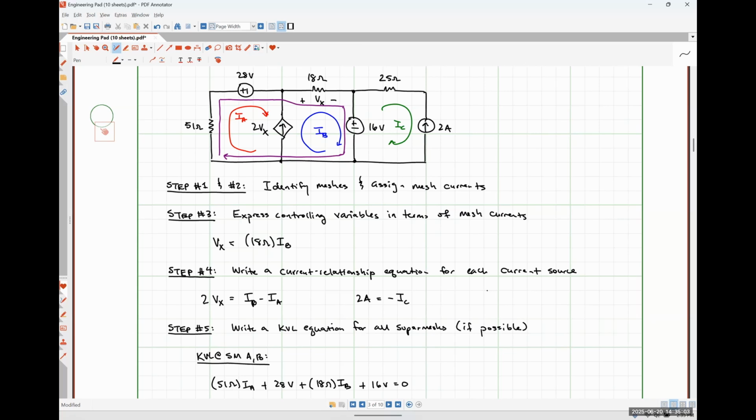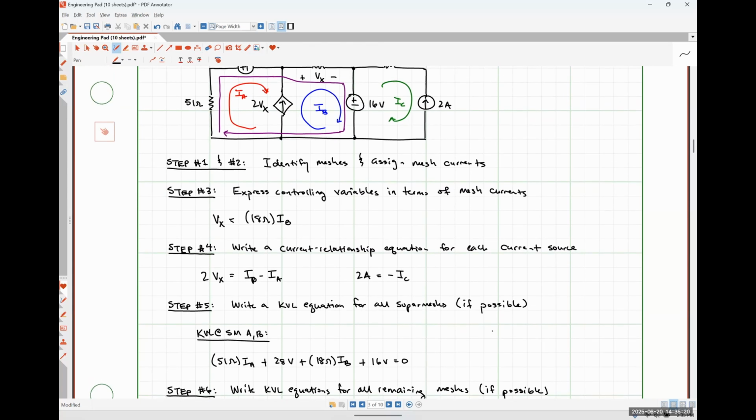So we're going to hit something similar to that here if we try to write an equation around mesh C. It doesn't really matter whether we have a dependent current source or an independent current source. We're going to have problems anytime we have a current source.